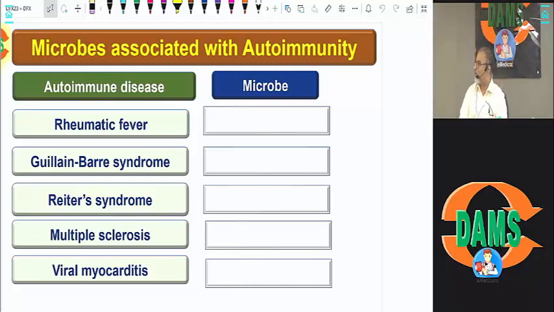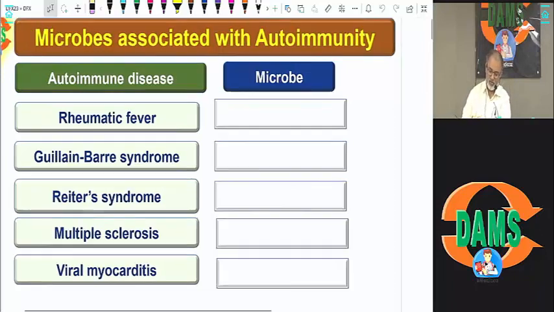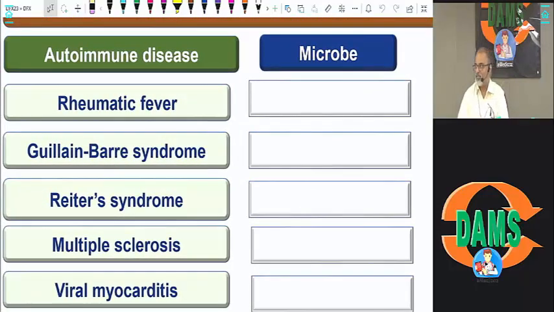That's called autoimmunity. Some autoimmunity is associated with some microbes. Rheumatic fever is associated with which bacteria? Streptococcus. Acute rheumatic fever is with GAS. What is GAS? Group A beta hemolytic streptococcus, common name Streptococcus pyogenes. So the antibody produced against M protein attacks our myocardium.